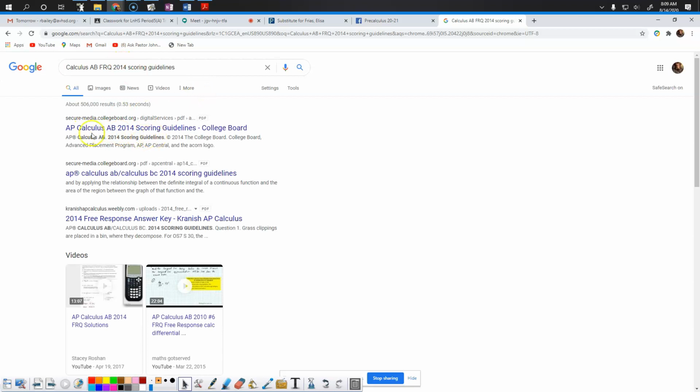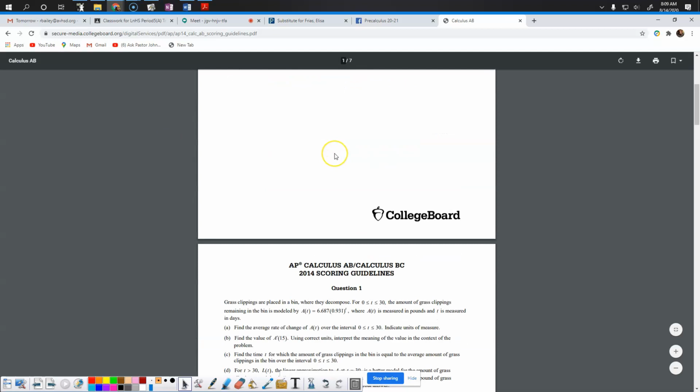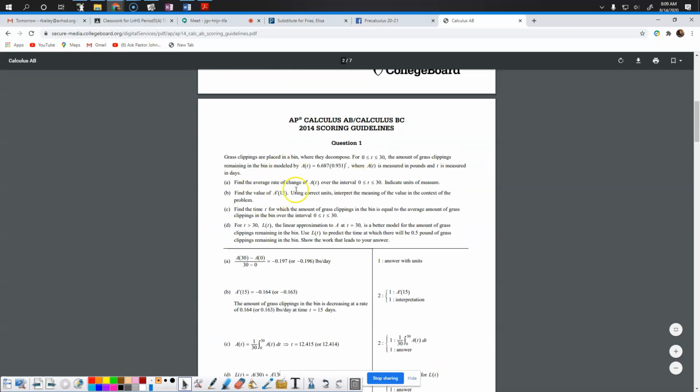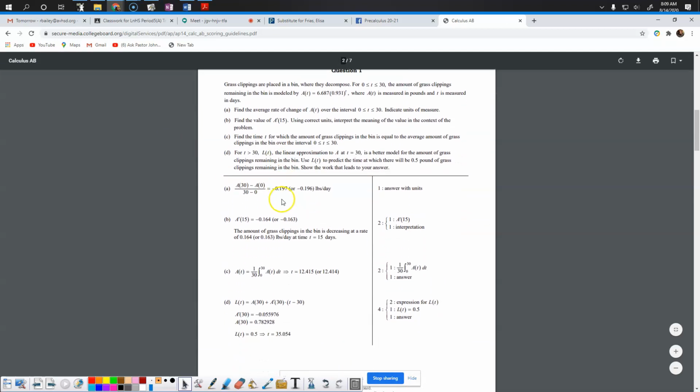Okay, so if you type in scoring guidelines after that, you can click on it, and what you're going to see is the entire question here, and how they grade it.